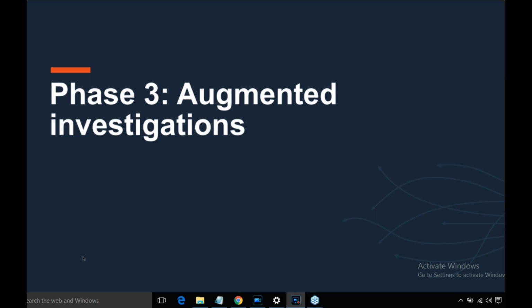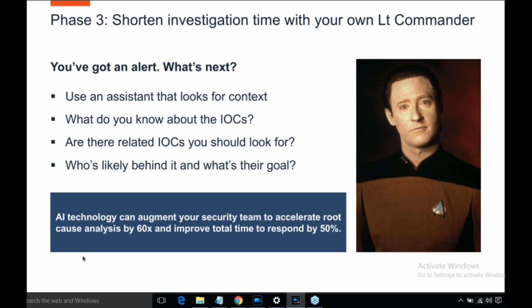And the last phase is the augmented investigation phase. Now, the reason why we say it's augmented investigation is, think about it, right? An incident happens, there is a bad IP address. What does the analyst do on a daily basis?